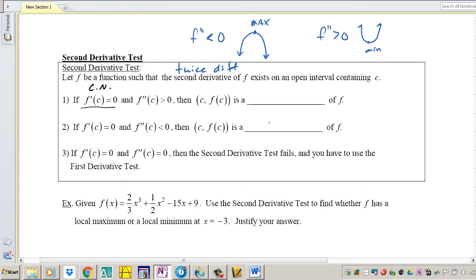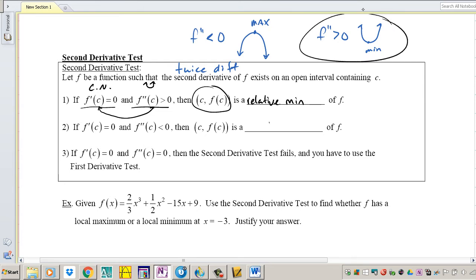If f prime of c is equal to 0 and f double prime of c is positive, in other words concave up, we're talking about the same c value. So we're getting the critical number and plugging it into the second derivative, and it must mean that point c has to be a relative min, because of concave up here.